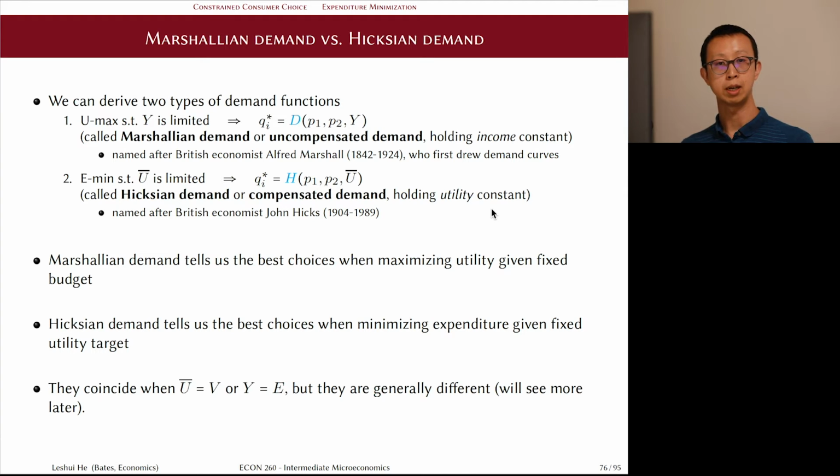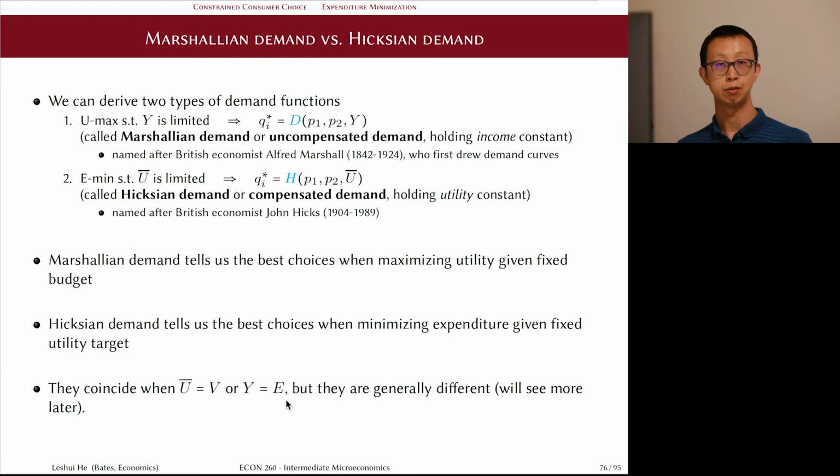These demands coincide with each other when we set one problem's outcome as the constraint of the other. In our previous exercise, we verified with a special case of the Cobb-Douglas utility function that when we set the target utility level u bar to the outcome of the utility maximization problem, the Hicksian demand becomes exactly the same as the Marshallian demand. And a similar exercise works the other way around as well.